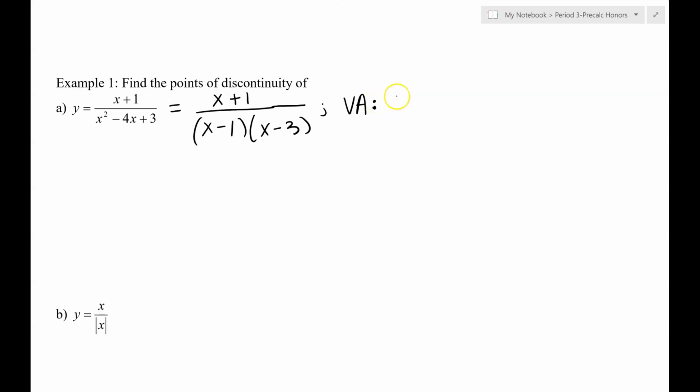Since we can't reduce, I have two. Take each factor on the bottom, set it equal to 0. So the first one is x equals 1, and the next one is x equals 3. Because this is a vertical asymptote, the points of discontinuity are infinite.